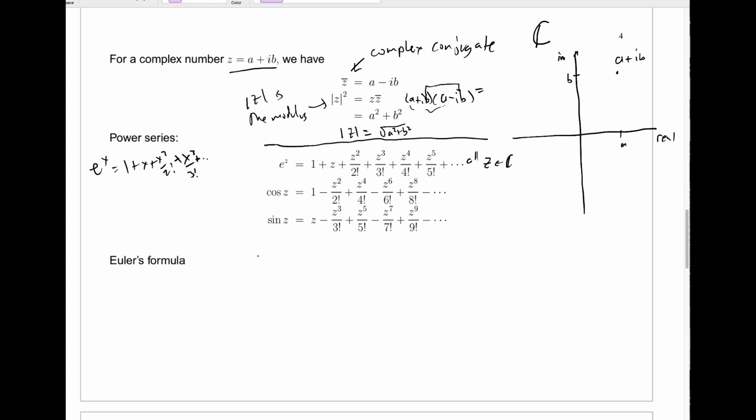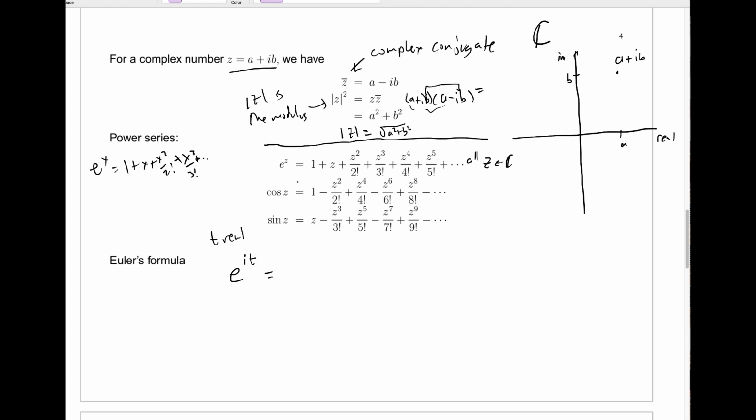And the great mathematician Euler, who worked in the later parts of the 18th century, noticed the following amazing thing. If you plug into the exponential function, not just an arbitrary complex number z, but make it a purely imaginary number, i times some number t, here t is real, so that it is a purely imaginary number, what do you get?